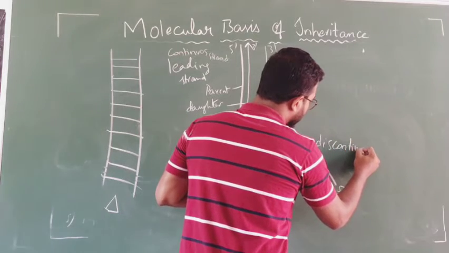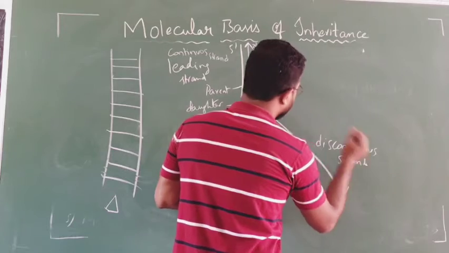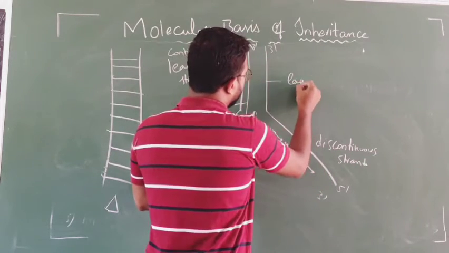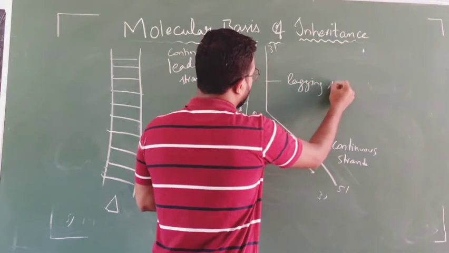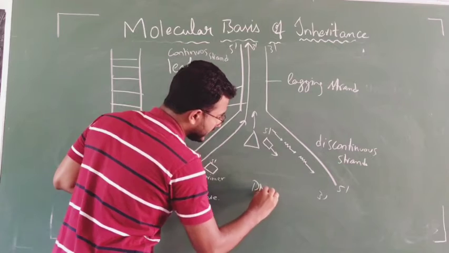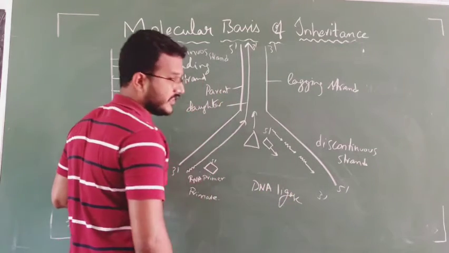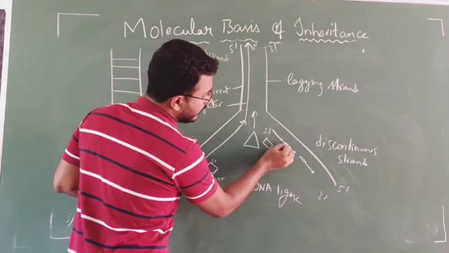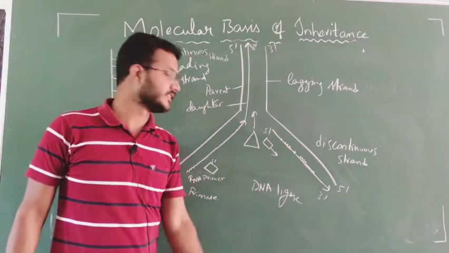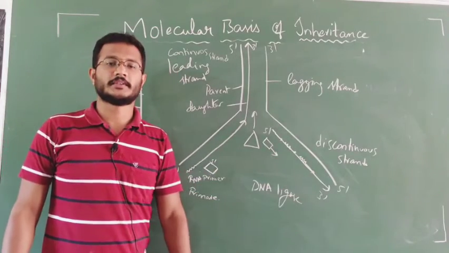After completion of the formation of all the discontinuous strands, also called the lagging strand, DNA ligase will come and combine all the strands. Primitively it is discontinuous, then DNA ligase makes it continuous.